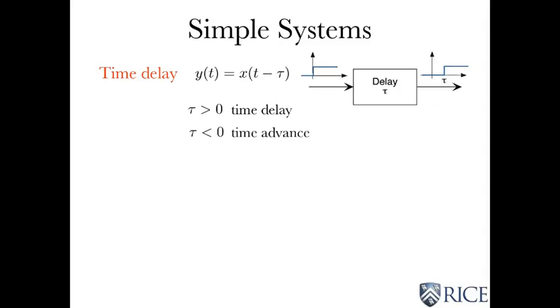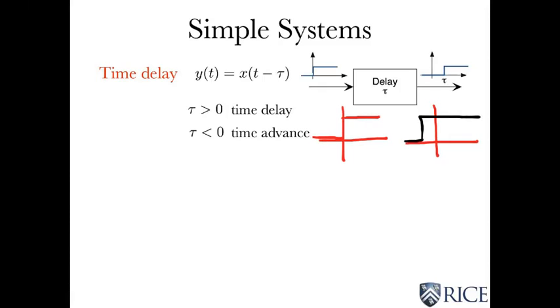So, like I said last time, if you have tau greater than 0, that's called a time delay. If tau is negative, it's a time advance. It occurs earlier in time. Turns out such systems are pretty hard to build because, again, using our unit step as an example, if tau were negative, the output would come out before the change in the input occurred.